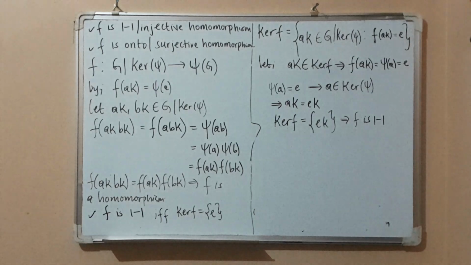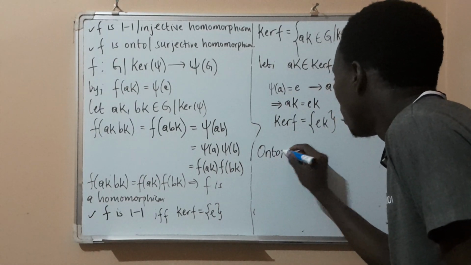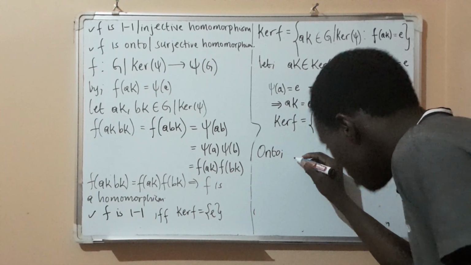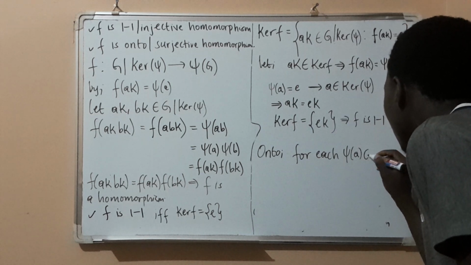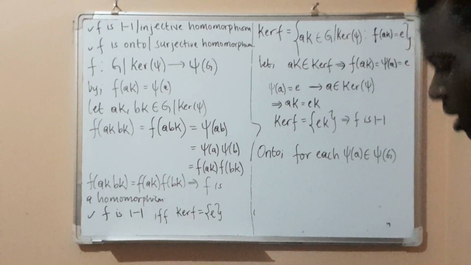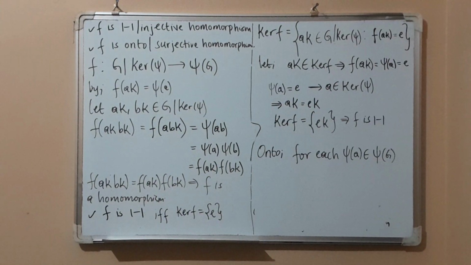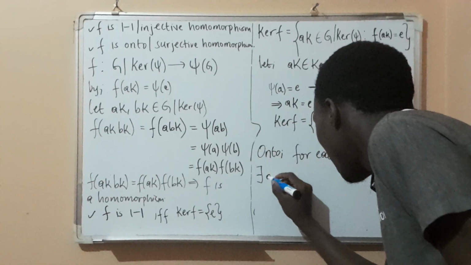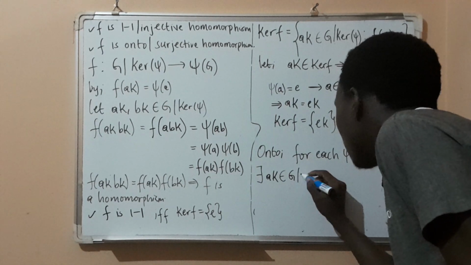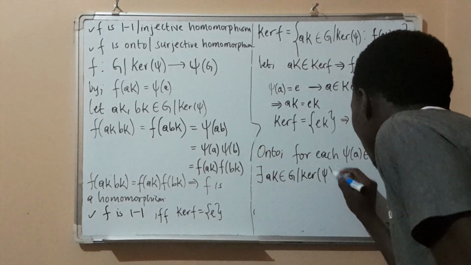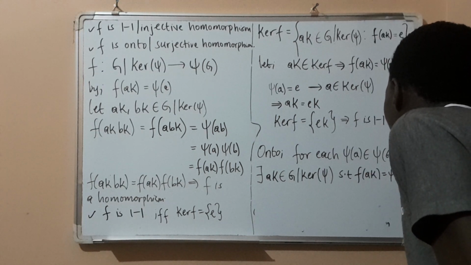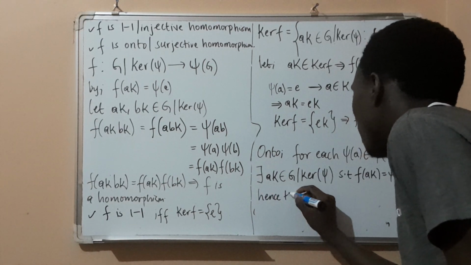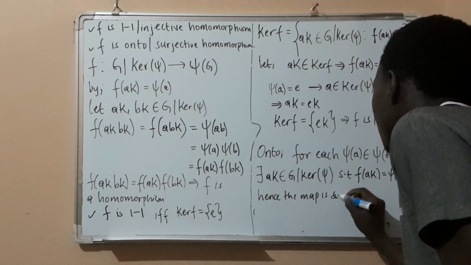And indeed, that map is onto because, for each phi of A in phi of B, for each element from the image, there exists an element AK within the domain such that F of AK is equal to phi of A. Hence, the map is surjective.